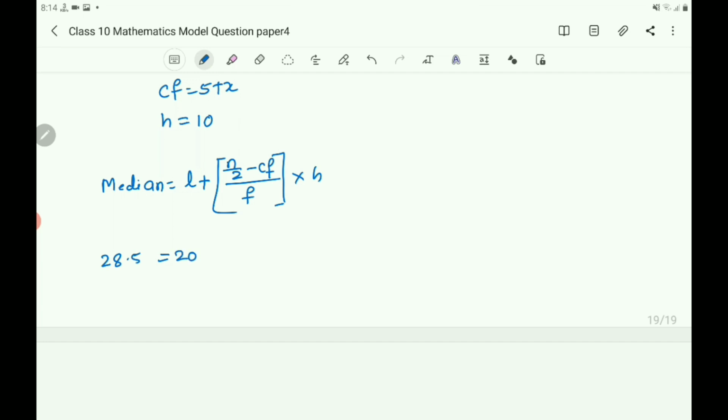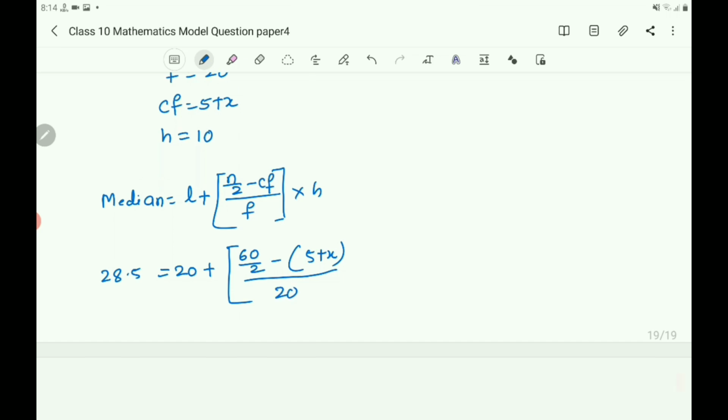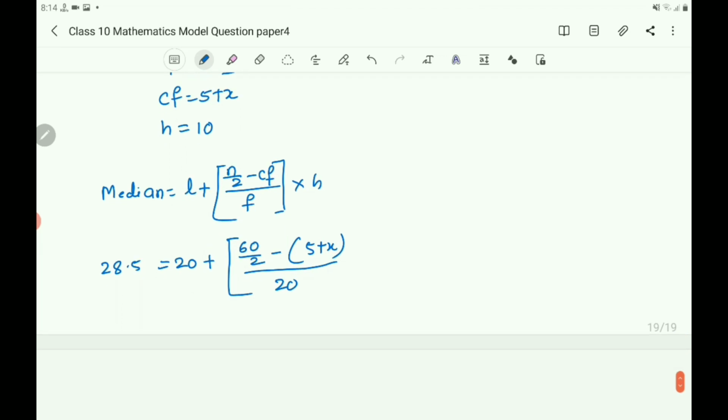L is 20 plus n by 2, n is 60, so we write 60 by 2 minus CF, CF is 5 plus x, by f, f is 20, that into h, h is 10.